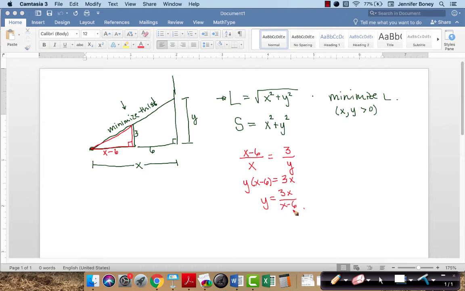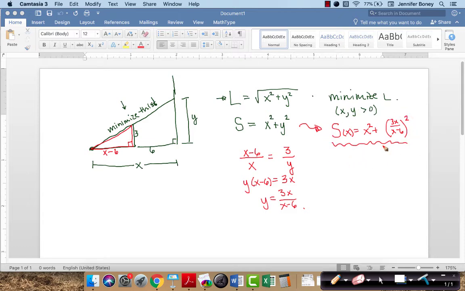So now I have y written in terms of its relationship to x, which means I can write s, instead of this squared version being a formula involving x and y, with just x's. I'll call it s as a function of x: x squared plus 3x over x minus 6, squared, instead of writing the symbol y squared. And from here, now we've got our objective function, the thing that we're trying to minimize.